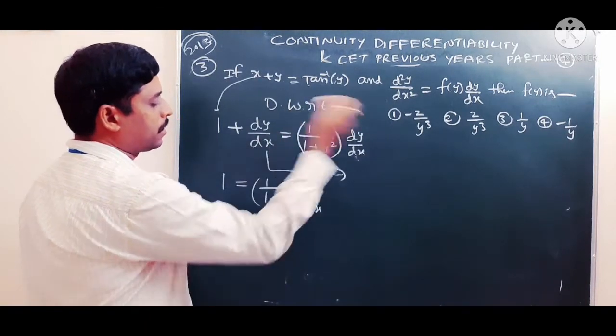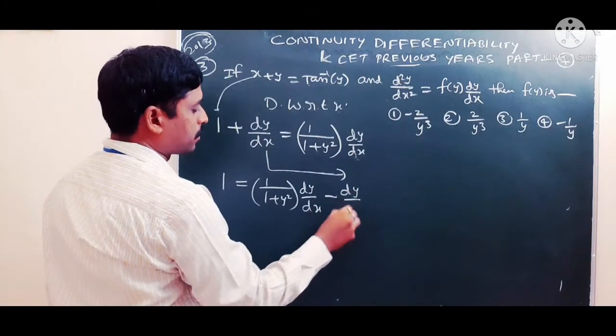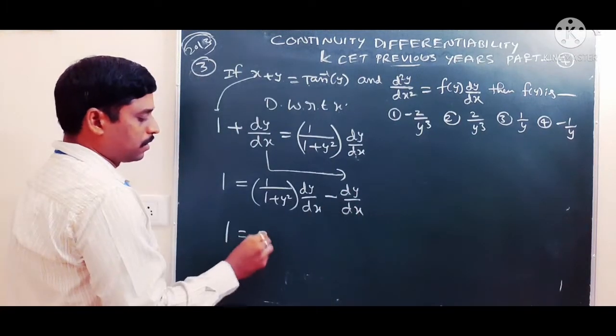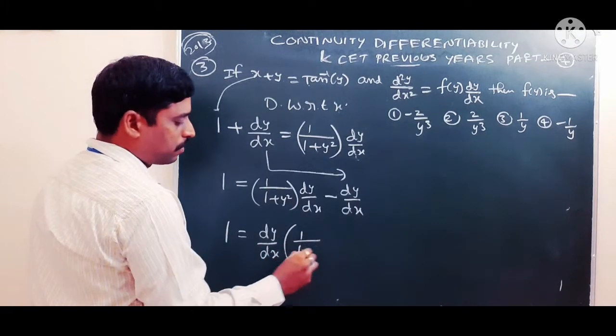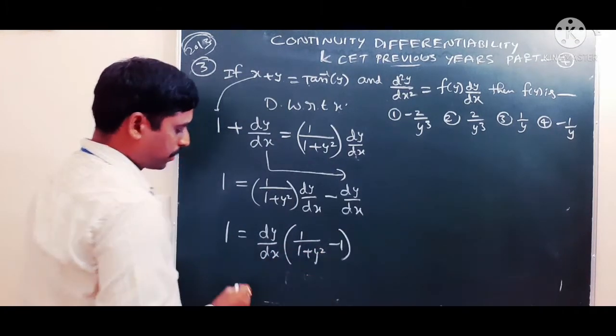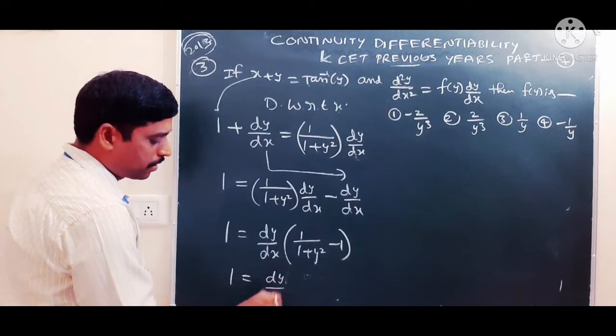So bring this dy by dx to the right side as minus dy by dx. Taking dy by dx common, the remaining value is 1 by 1 plus y square minus 1. So 1 is equal to dy by dx times that.